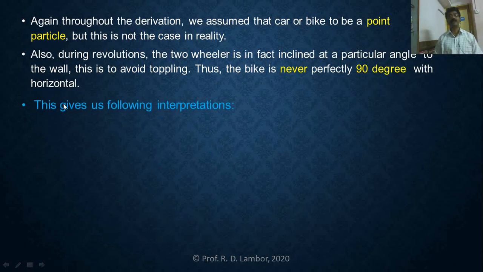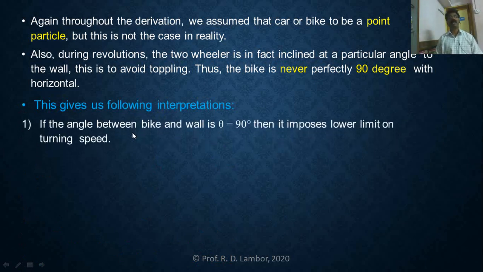So this gives us the following interpretations. First one is what? See here. If the angle between bike and wall is 90 degrees, meaning the bike rider is horizontal and the wall vertical, then it imposes a lower limit on the turning speed.